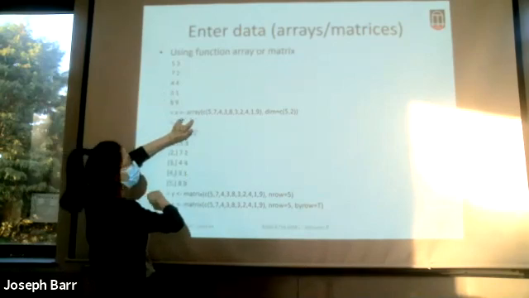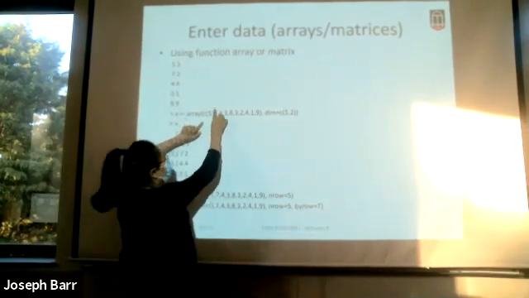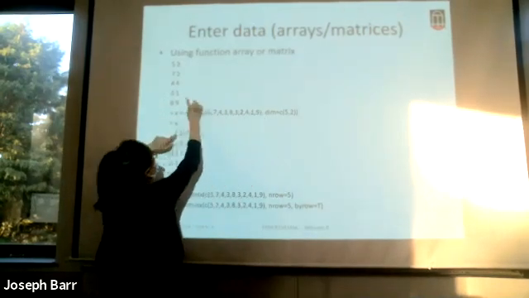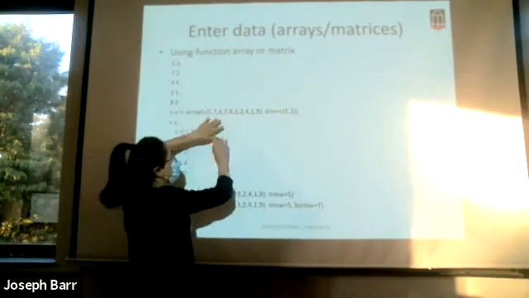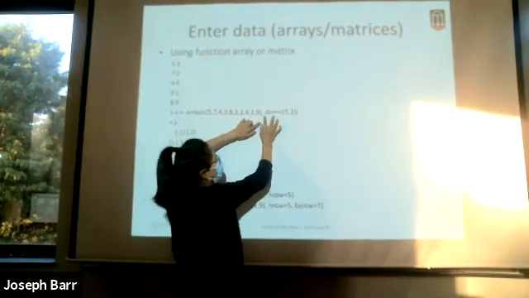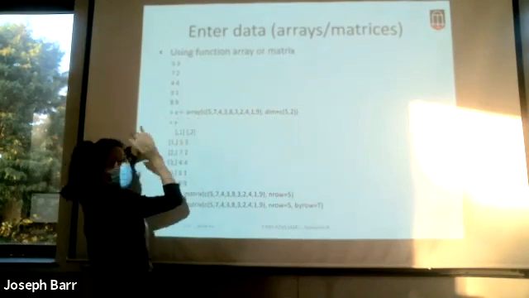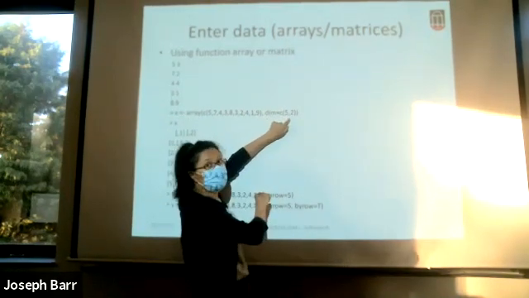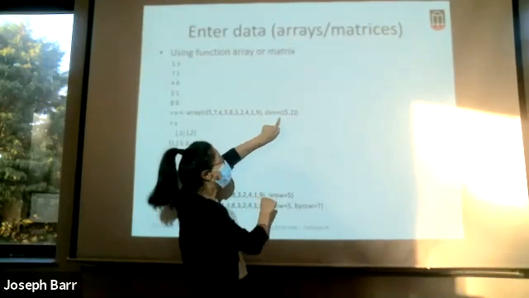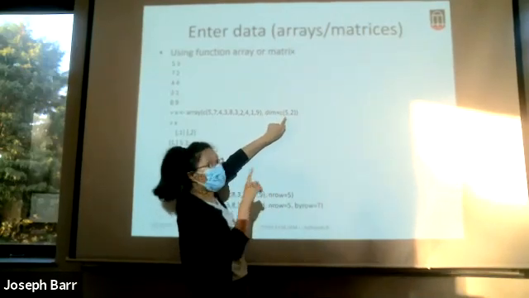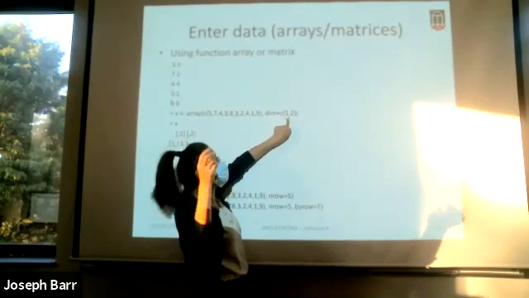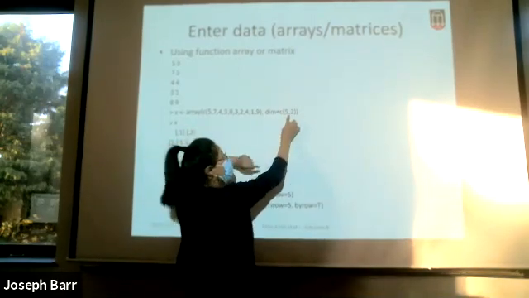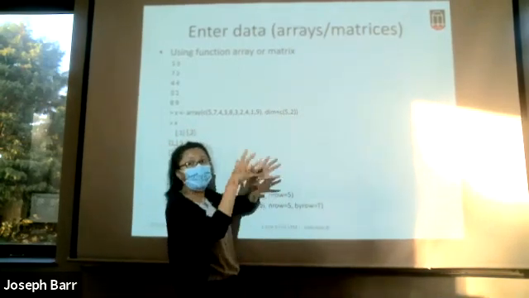We're going to use array, and then these are the numbers. Let me just talk about the dimension first. The dimension of this array or matrix is c(5, 2). What does that mean? The dimension is 5 by 2: 5 rows, 2 columns. These 2 numbers tell us how many rows and how many columns.